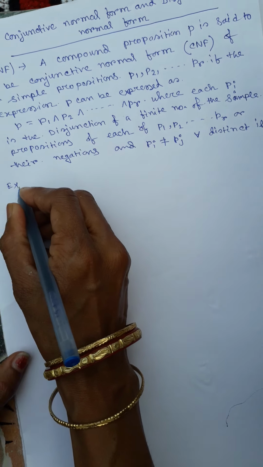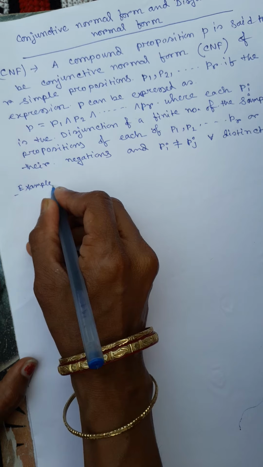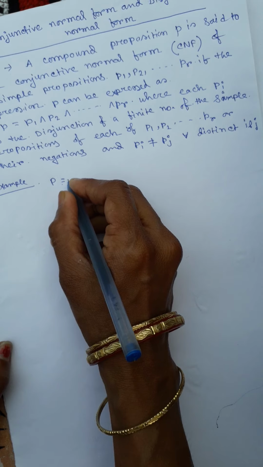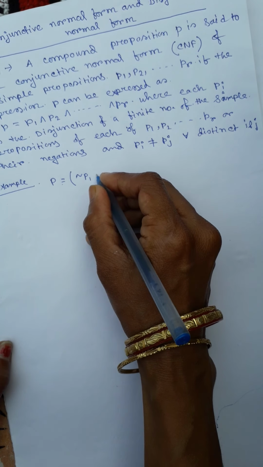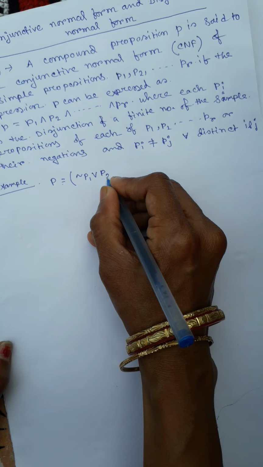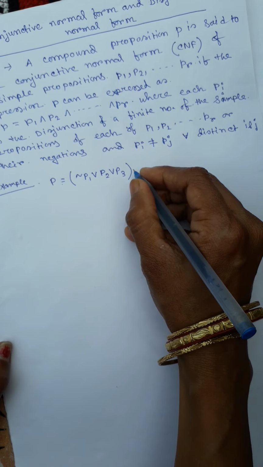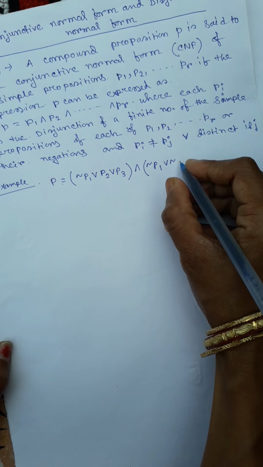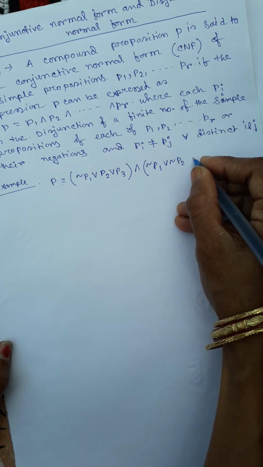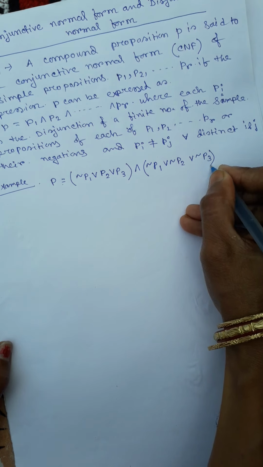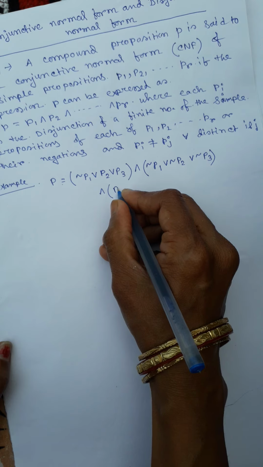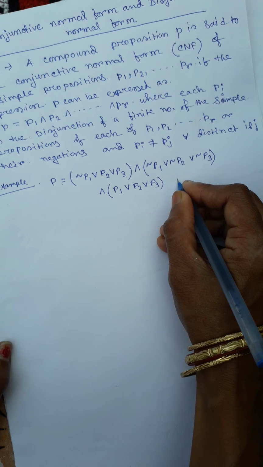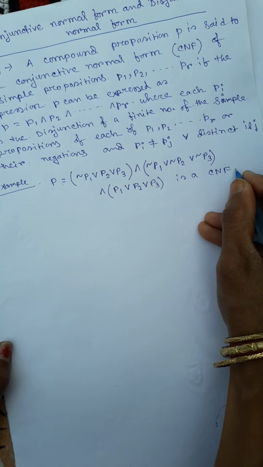For example, P equals negation of P1 disjunction P2 disjunction P3, conjunction negation of P1 disjunction negation of P2 disjunction negation of P3, conjunction P1 disjunction P2 disjunction P3 is a CNF.